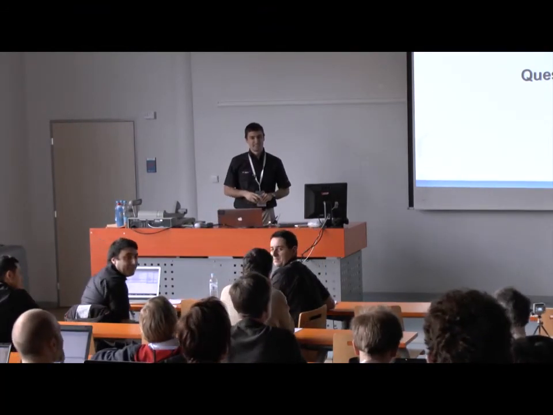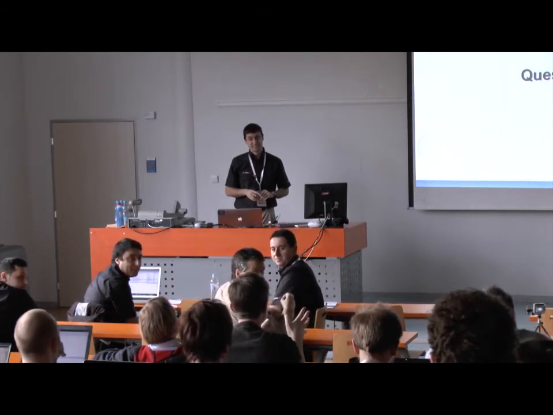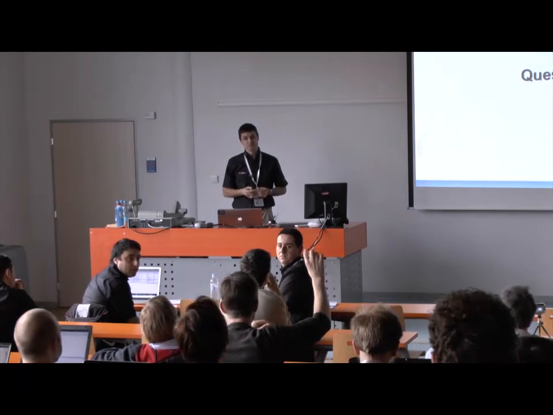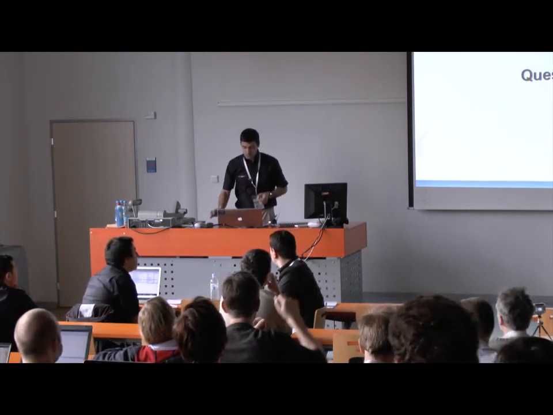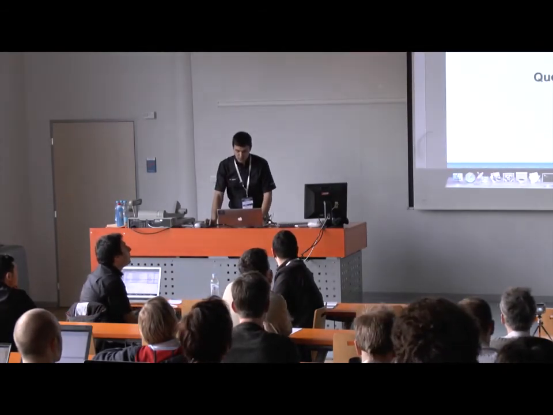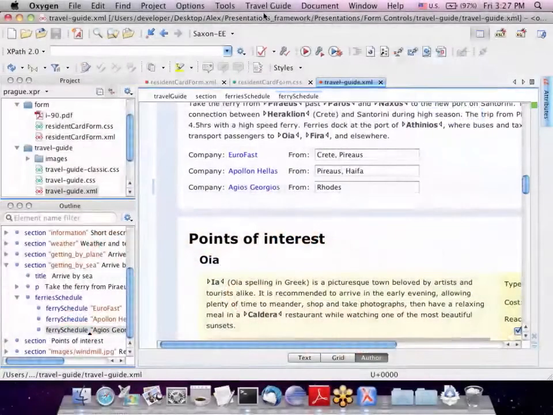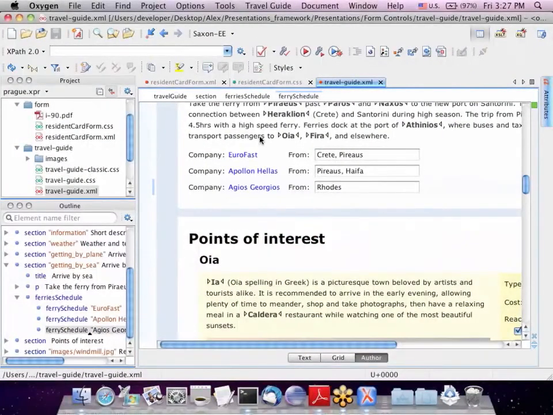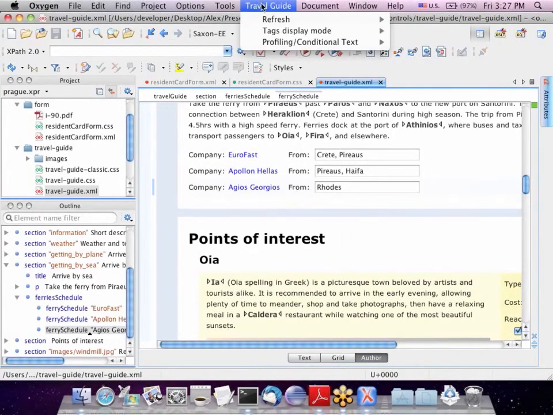I noticed that when you use the travel guide, suddenly there was a menu item on the top named travel guide. Is that controlled by the CSS as well? No, that one is controlled by the document type. So you mean this one over here? Yeah. So I have created a document type framework for this type of document, and oXygen automatically generates this menu.